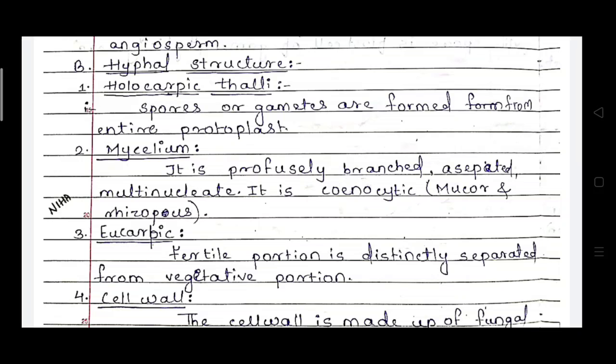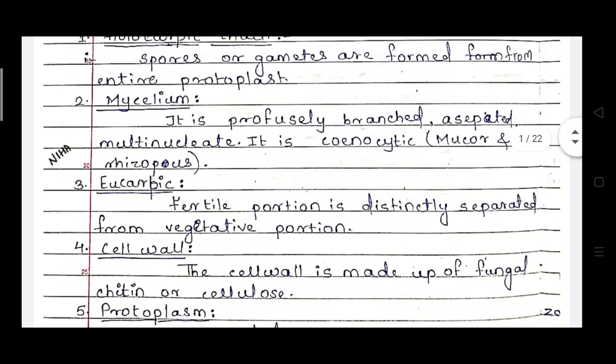Then second is about mycelium. The mycelium of the Phycomycetae group fungi is profusely branched, aseptate, and multinucleate. Aseptate means septa-like structures are not formed in that fungi, and multinucleate means they contain many nuclei.